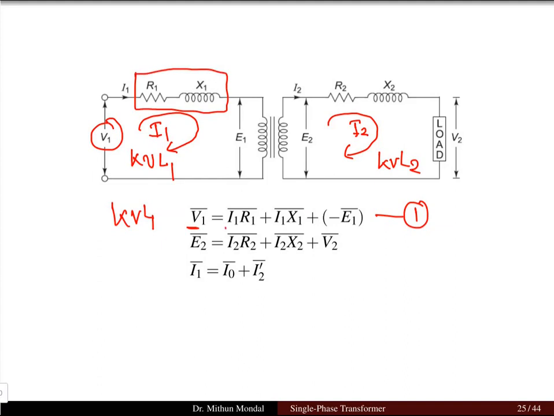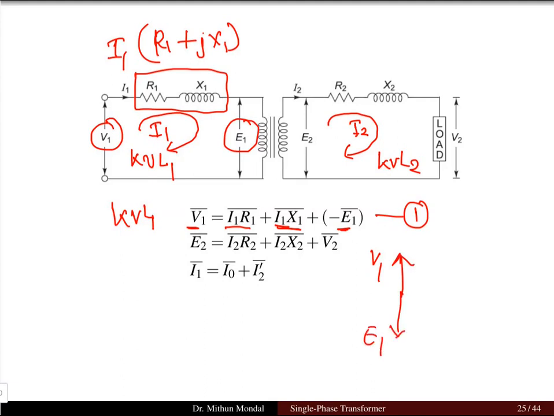So it is I1 R1 plus I1 X1. Note these are vectors, so I can write R1 plus j times X1 multiplied with the current I1 to represent the losses. Then it will be plus E1. Note that we have seen in the vector diagram that V1 and E1 were in anti-phase with each other, hence we have given a negative sign to include the direction in the KVL equation in the first loop.